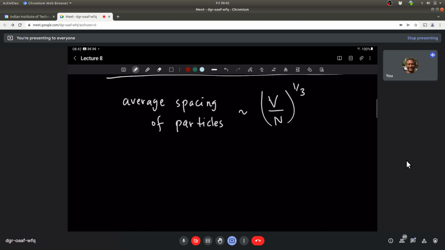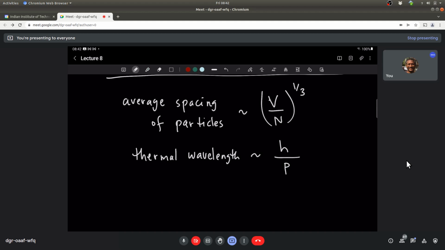The second thing is the thermal wavelength, which I will take as h by p. This is the de Broglie relation. The idea here is I want to get some dimensionless number.